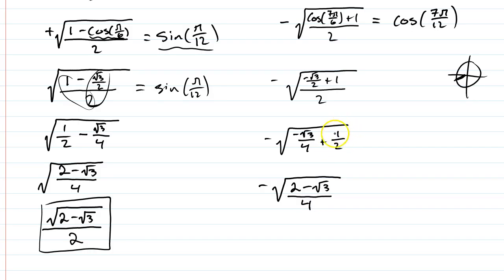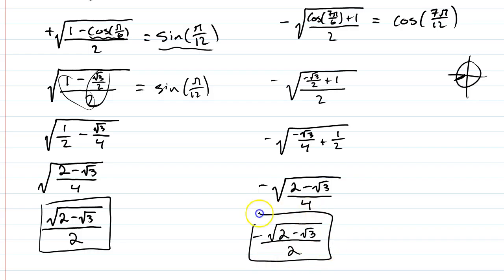What I'm doing there is I'm turning this 1 over 2 into 2 over 4, and then I'm flipping the order. This would be negative, and if I root the top and bottom separately, I will have negative root of 2 minus root 3, all over 2. That is equal to cosine of 7 pi over 12.